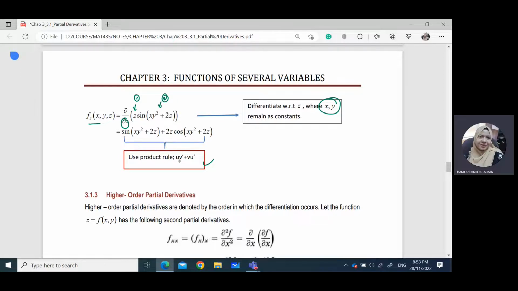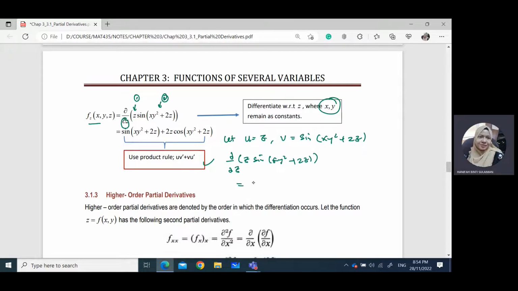So this is the product rule, u v prime plus v u prime. Okay, so I elaborate here. So let u be z. And then our v here is sine of xy squared plus 2z. Okay, so we differentiate with respect to z on the given function, which is z sine of xy squared plus 2z.